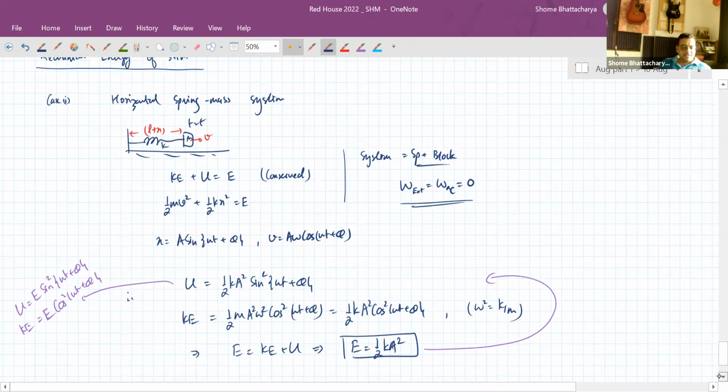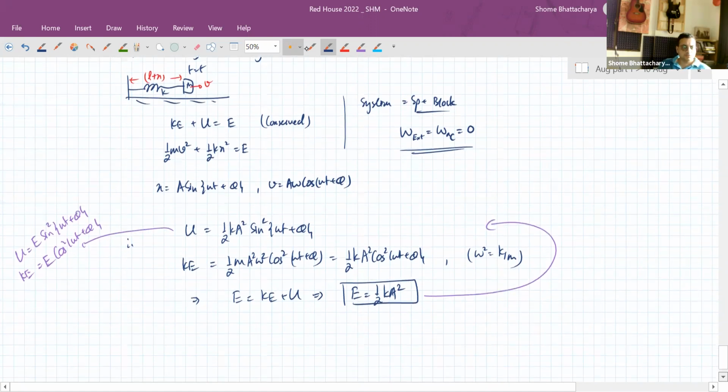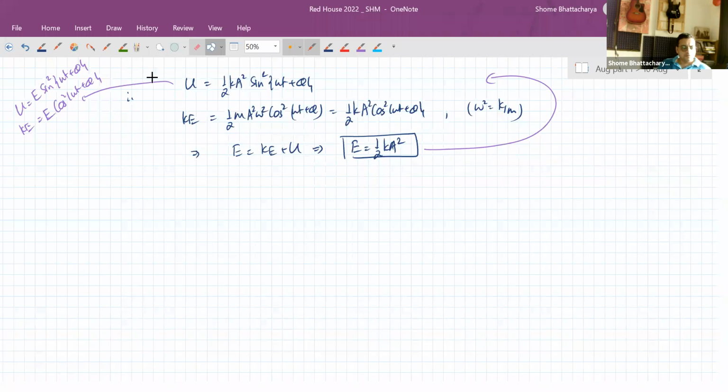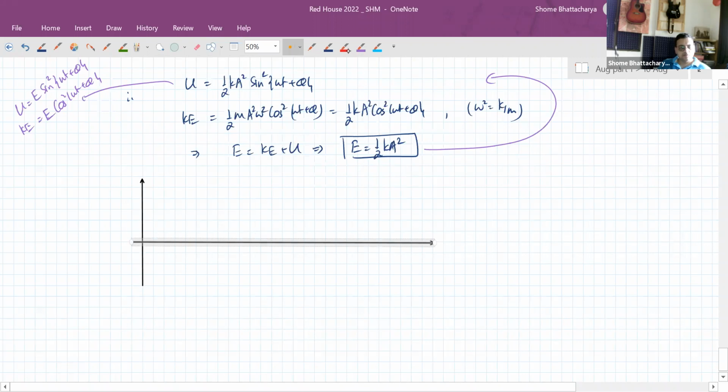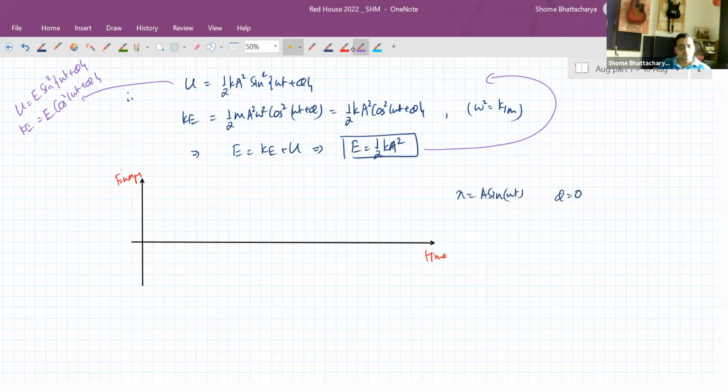Okay, so another aspect of this is, if you look at the time variation of energy in the system, then for example, if we have a situation where x is A sine omega t, I've taken the phase constant as 0. So my potential energy will look like the sine square function, where in one cycle of SHM, it would have changed twice.